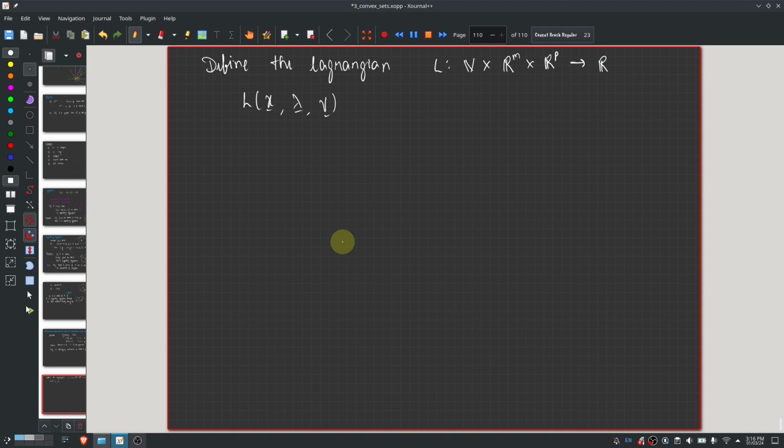So I'm adding some more variables. This is basically a linear combination of the function that we wanted to minimize and the functions corresponding to each of the constraints.